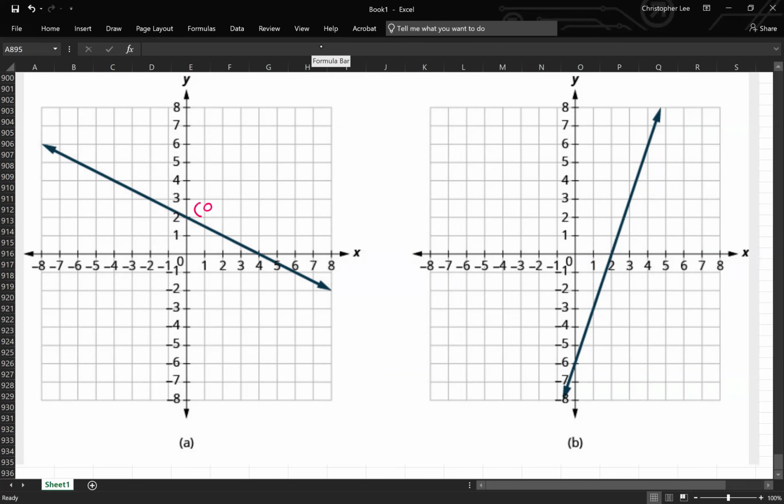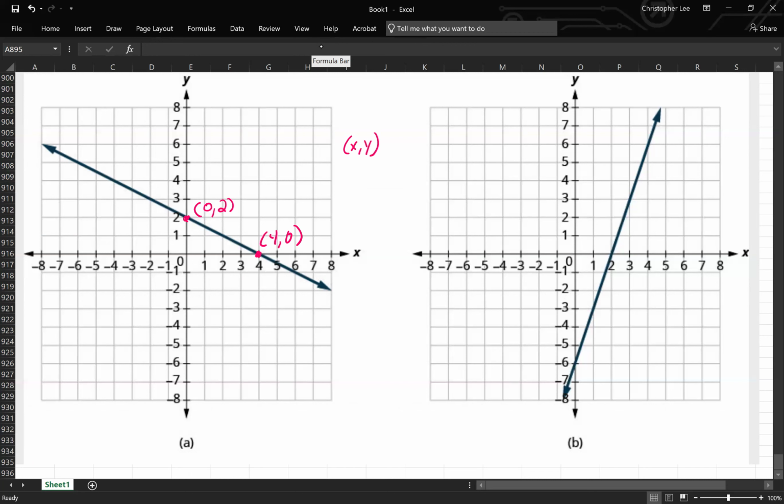This was the y-intercept, (0, 2). What's the x-intercept? (4, 0), right? So remember that the points are always (x, y). So x always comes first, then y, right? All right, next graph. How about B? What do we think?